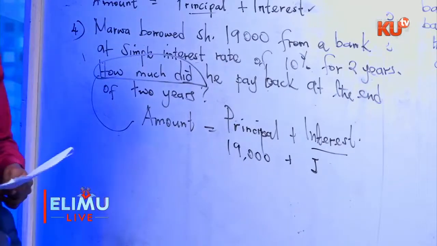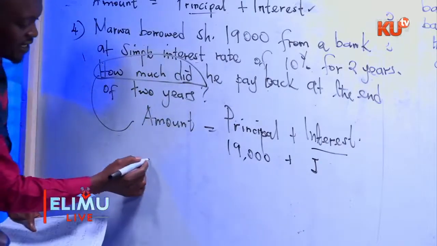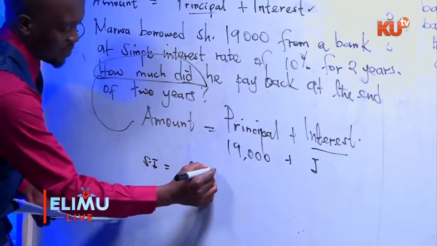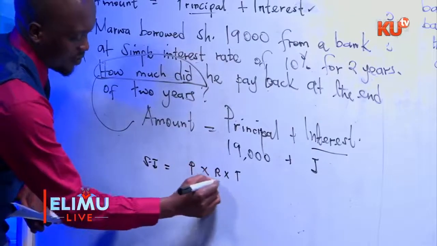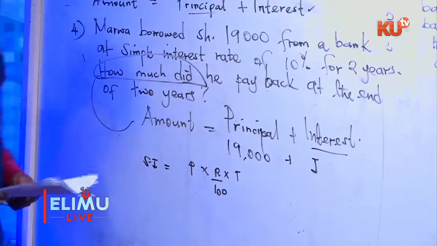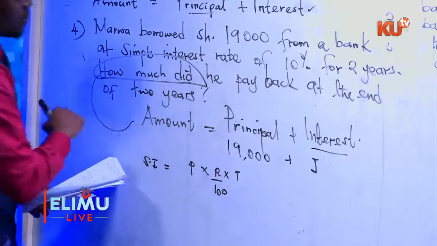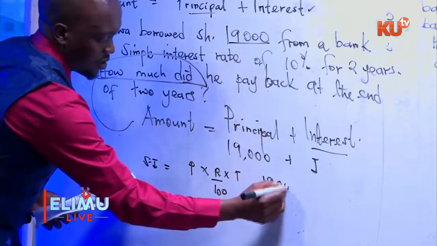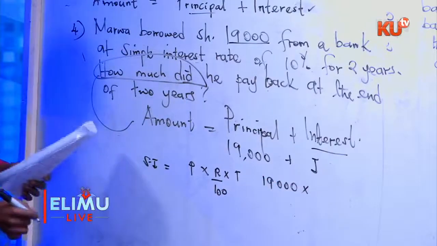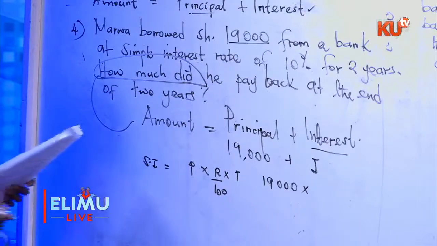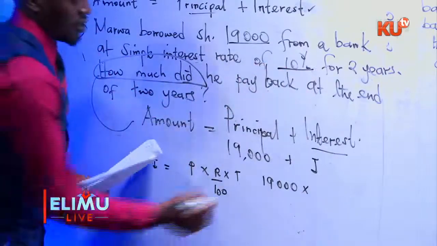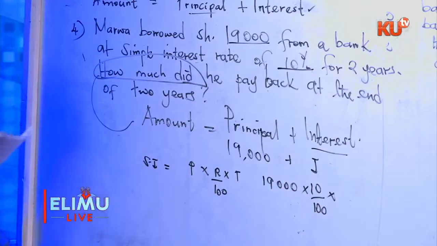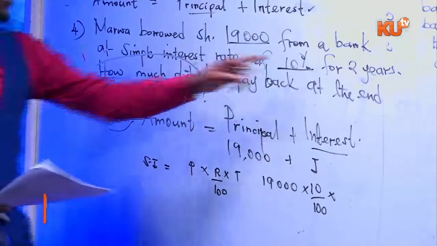At the back of your mind, you should be having that formula of getting the interest. And we say that simple interest is equal to principal times rate times time over 100. So we shall take the principal, that is the same as money borrowed, that is 19,000 times rate. And we say that rate is given in percentage, which is a fraction, that is 10 over 100 times time. And where is the time? For 2 years.